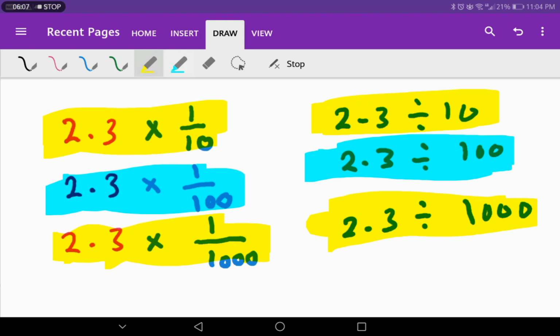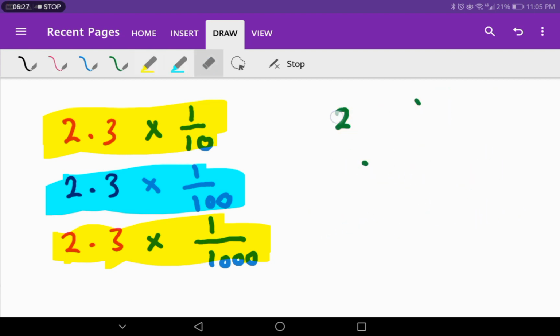If you multiply by 1 over 10, you divide by 10. If you multiply by 1 over 100, you divide by 100. If you multiply by 1 over 1000, you divide by 1000. Teacher, that's mean the number will be smaller. Yes, the answer, yes, it will be smaller.